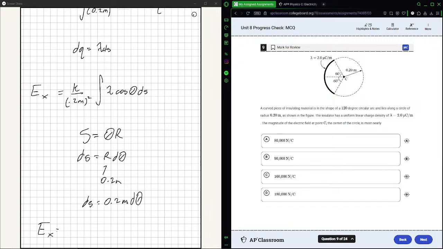So E of x is equal to k over 0.2 squared times lambda times 0.2 meters, with cos theta d theta. This is going from the starting position here, 60 degrees, so 180 minus 60, so it goes from 120 degrees to 120 plus 120, which is 240 degrees.